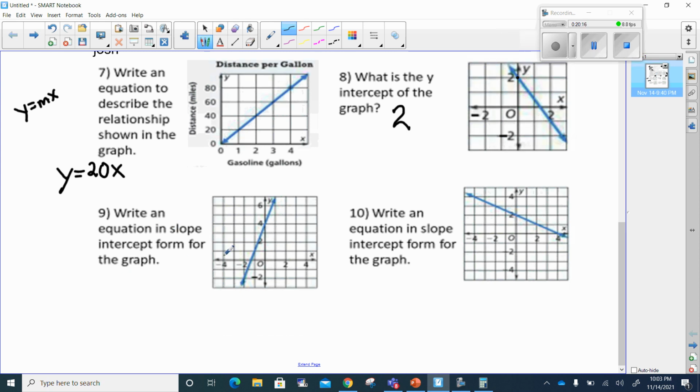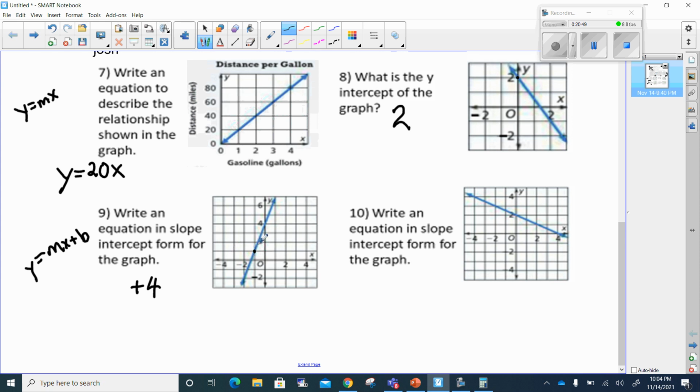Number 9 says, write an equation in slope-intercept form for this graph. This time it's not going through my origin, so I'm going to be using the linear equation y equals mx plus b. Now, b is the starting point, and that means where did it cross the y? And it crossed it at 4. So I know the ending of this is going to be positive 4, not negative. Now the slope, I have to find 2 spots where it crosses through an intersection.